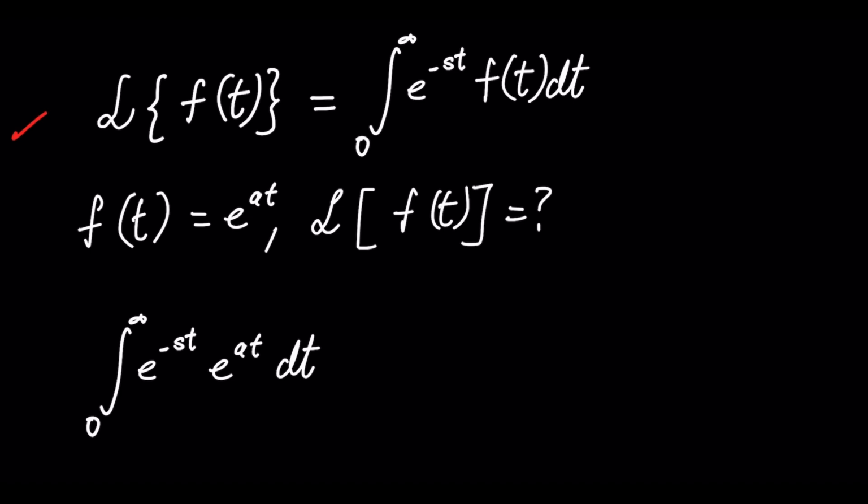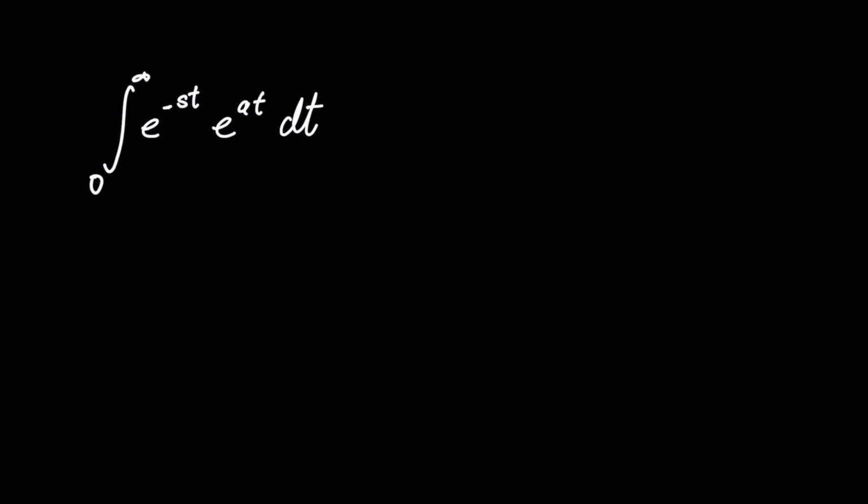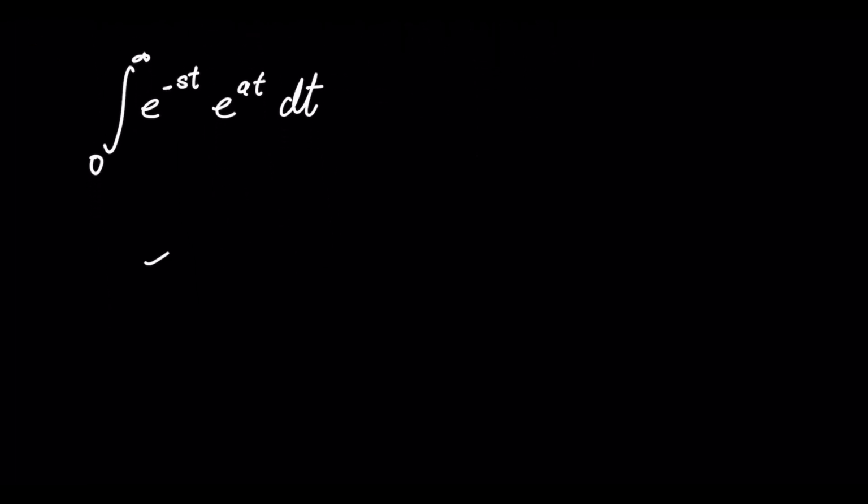Keeping in mind that after the integration we will get an exponent, and because e power positive infinity is going to give us infinity, we are going to be taking the negative sign common here, because when we apply the upper limit, e power negative infinity yields 0, which is going to give us a finite answer. So let's rewrite this expression.